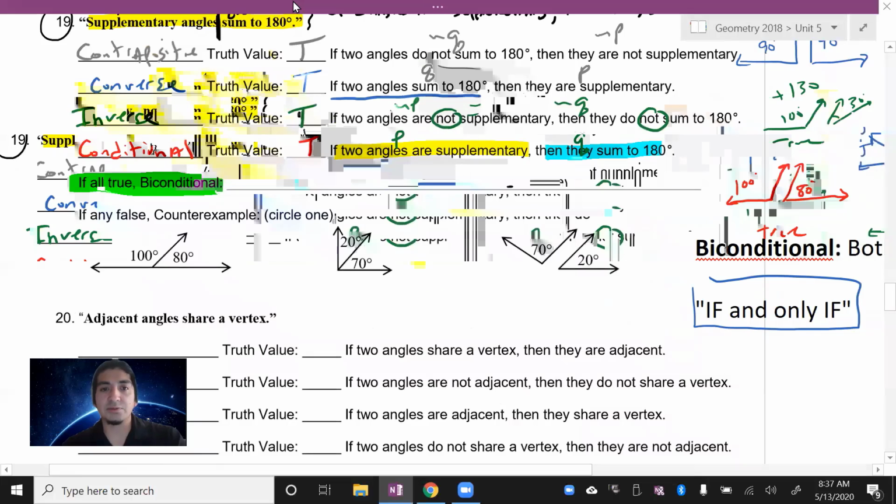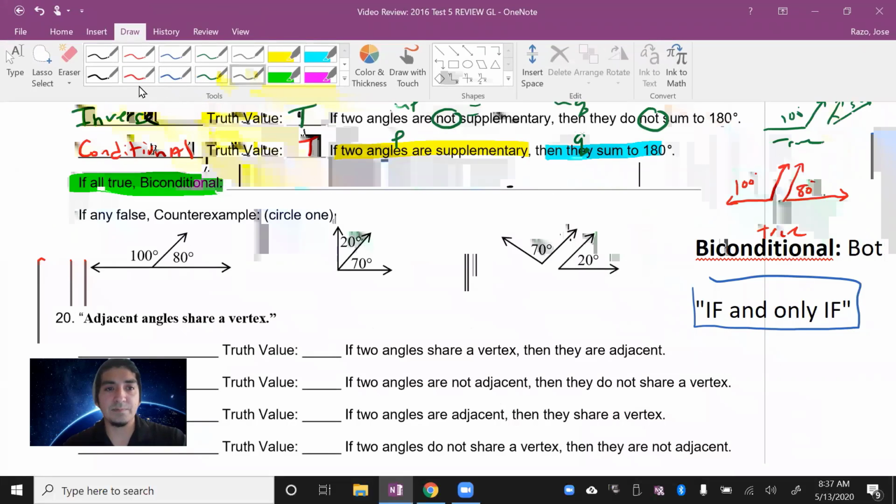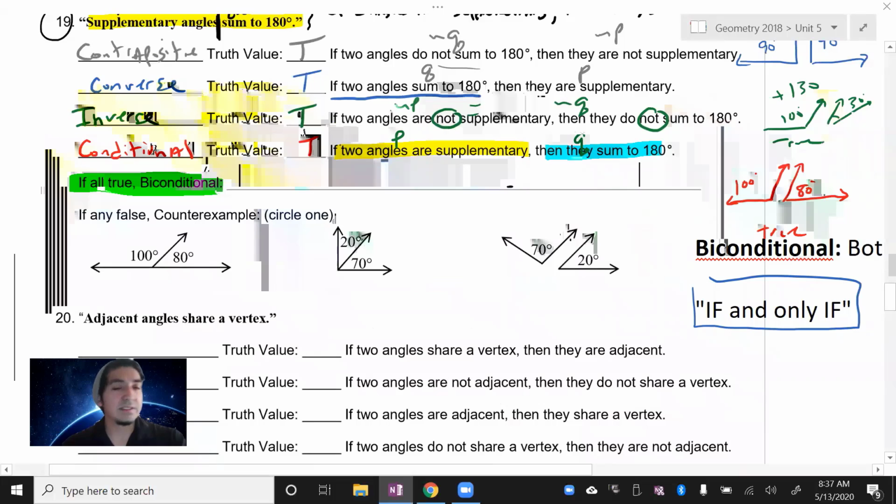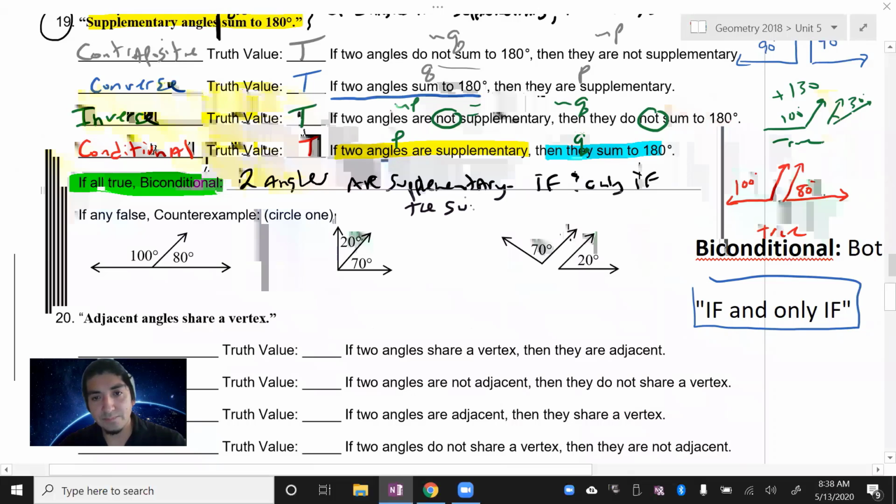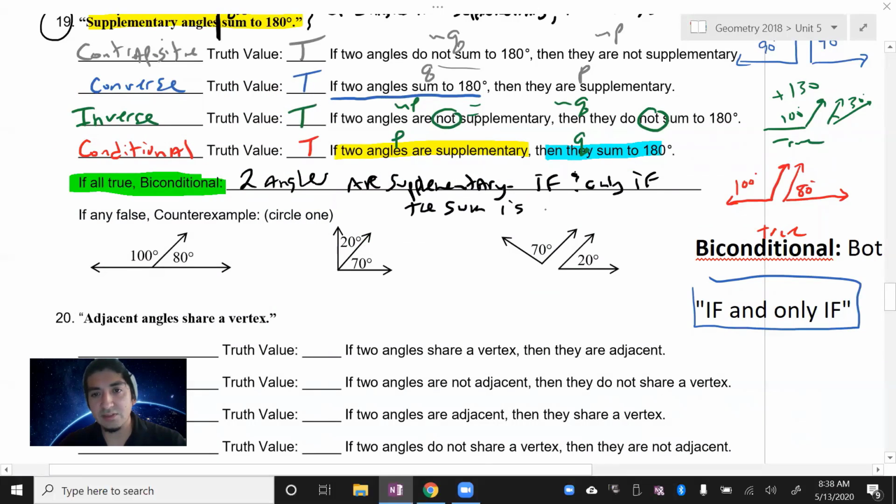So for the biconditional, what do we go ahead and say? If two angles are supplementary if and only if the sum is equal to 180.